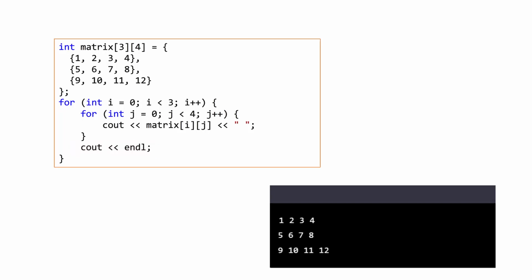Overall, this code prints out all the elements of the matrix array in row major order, separated by spaces and new lines. The output looks like this.